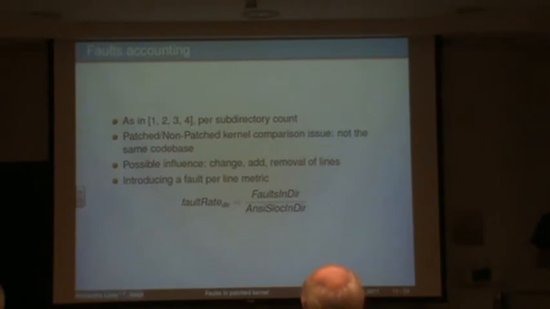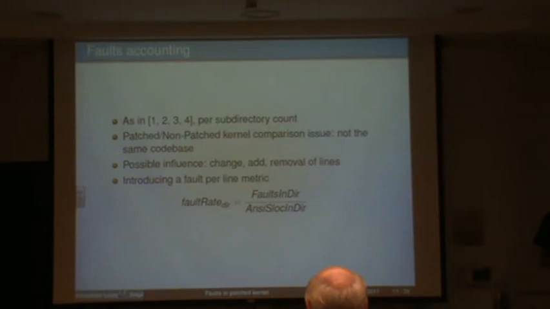We had, however, an issue because we are interested in patched versus non-patched kernels, and it's not the same code base. So only counting the number of faults will not be efficient nor have a real meaning, because of the possible influence of the patch. It's no surprise to you that it can add or remove lines of code, and if you count only the number of faults, it has no meaning.